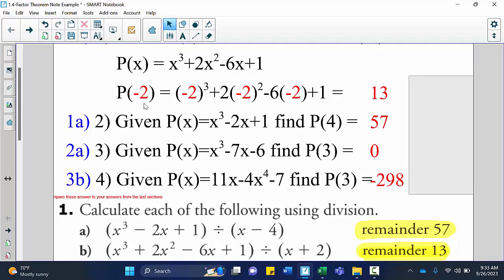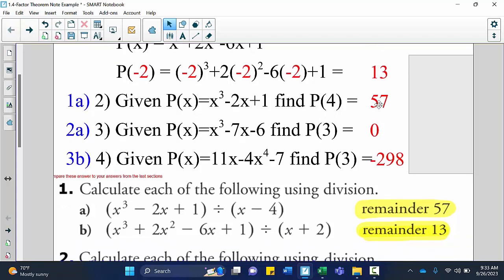So in this case, x minus -2, which would be x plus 2, will give me a remainder of 13. That's what we saw in 1b in last day's work.